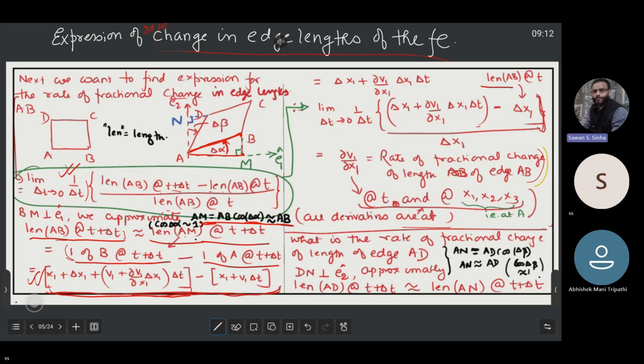This is the one coordinate of B, and this is the one coordinate of A. So this turns out to be the length of AB at t plus delta t.